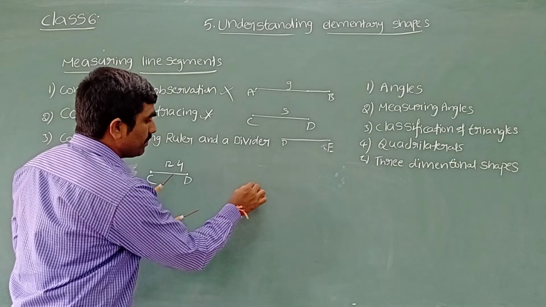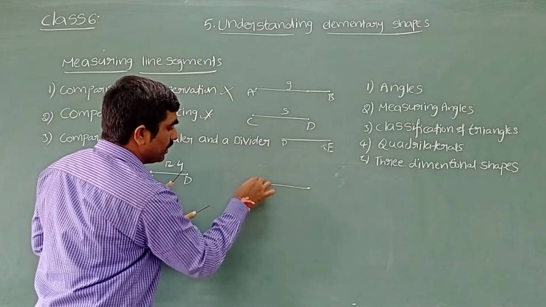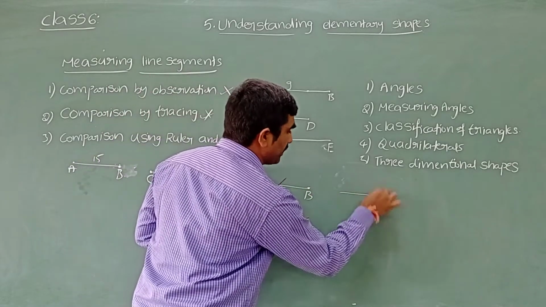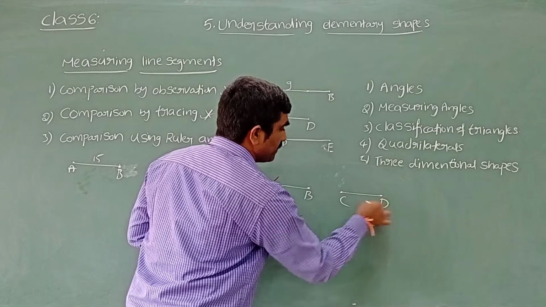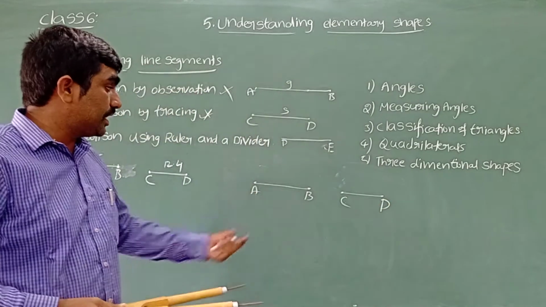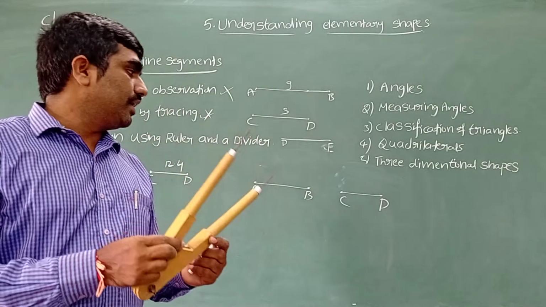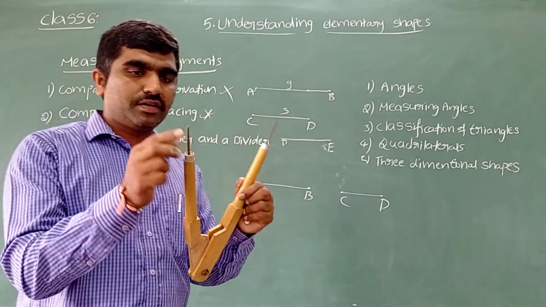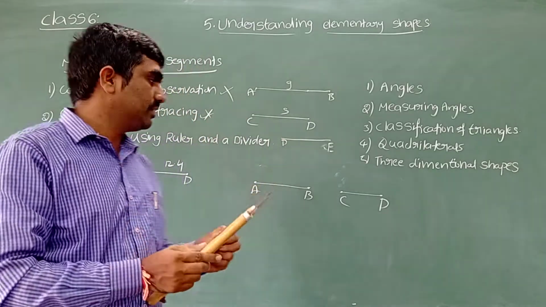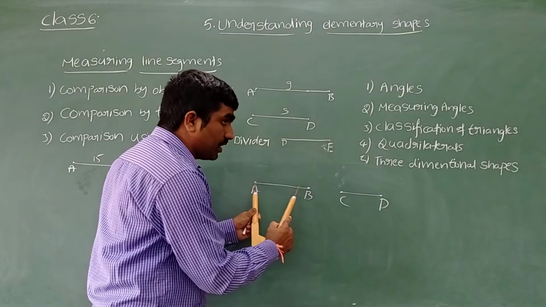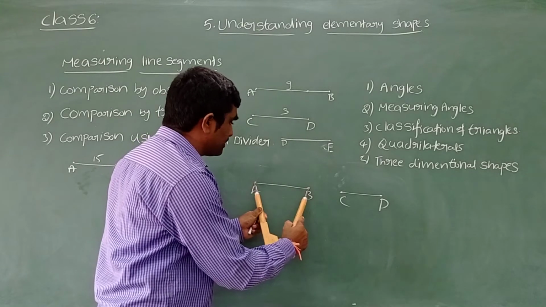Yes. How can we measure the exact length here? Let me take one line segment AB, and one more I'll take here, CD. Now how can we measure the length of AB and CD by using this divider? Open both pointers of the divider and keep the pointers on both ends of the line segment.